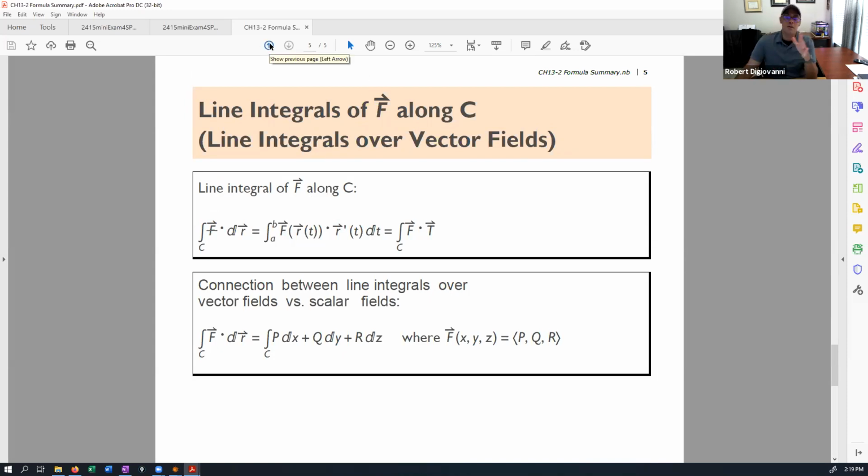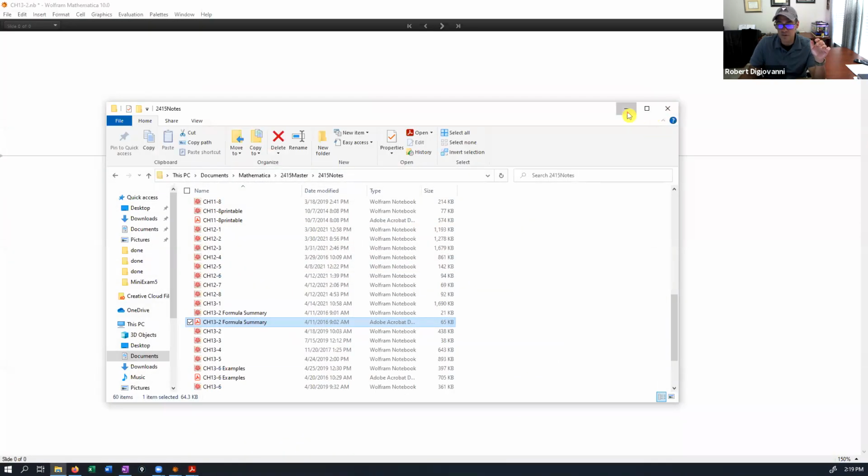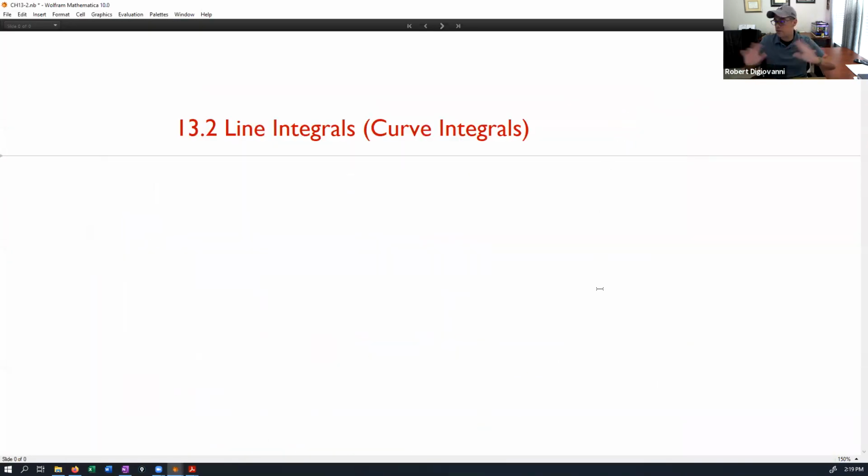So look, what we're going to try and lead to here, just to give you a preview as to what we want to be able to do in this section, and this is just to make you feel like you can keep your sanity because of all the things you're about to see. Imagine you have a particle that you want to move through space, okay? And you've got some sort of gravitational field acting on this particle.